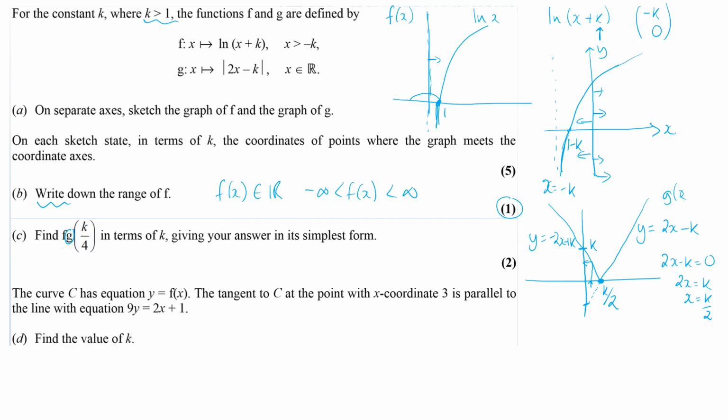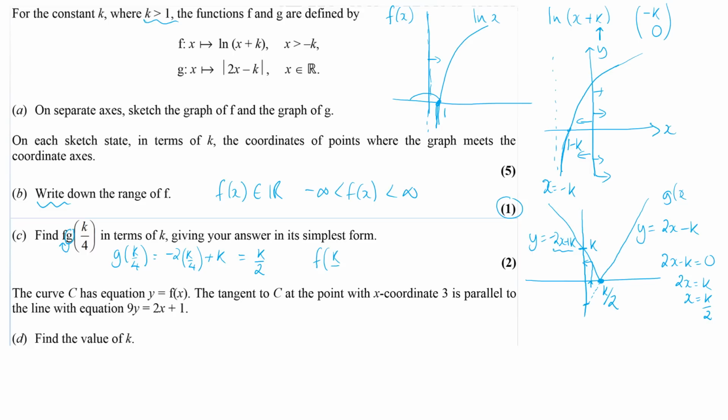So we can just feed the k over 4 into this side of the equation. So g of k over 4 is equal to minus 2 times k over 4, substituting it in as x, plus k, so that's minus half k plus k, which will be k over 2, half k. Then we'll do the next one. So you do g first and then f.